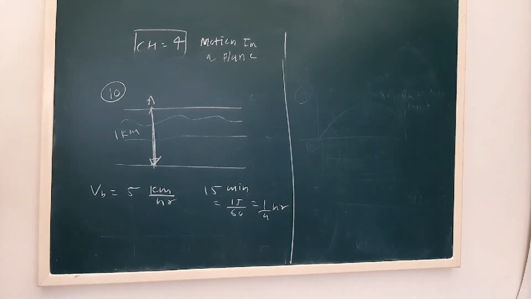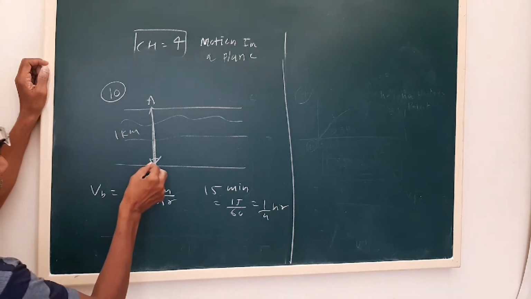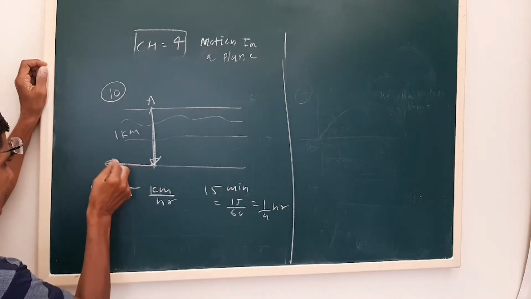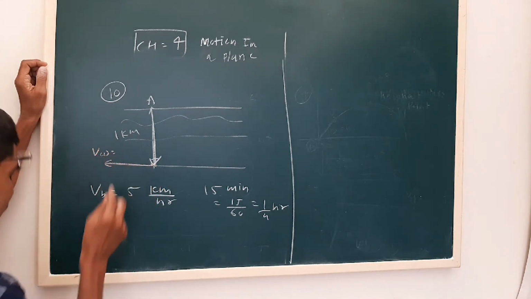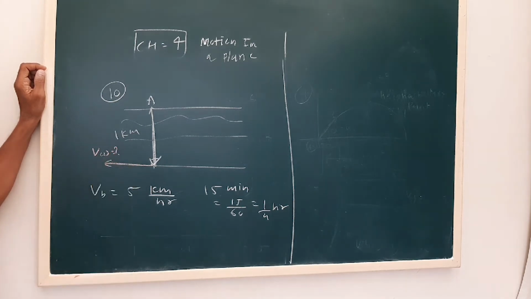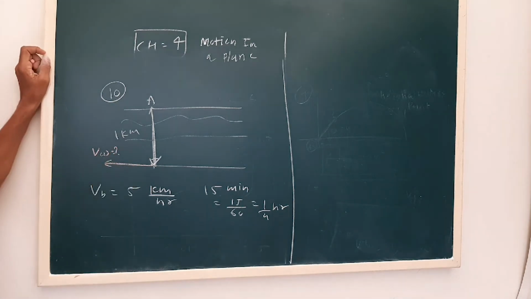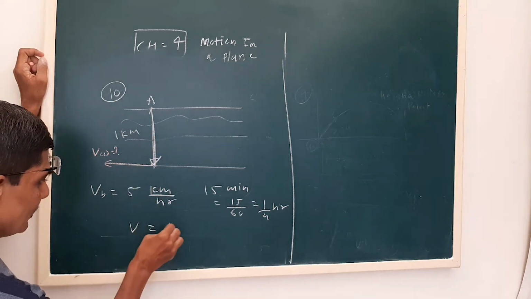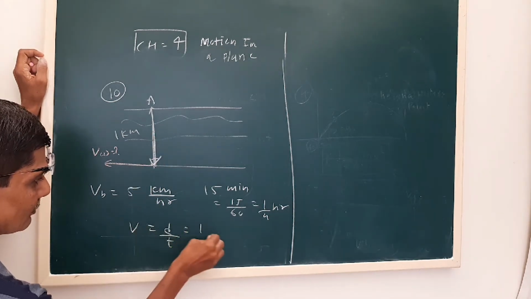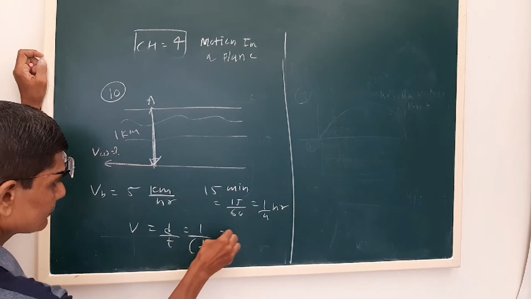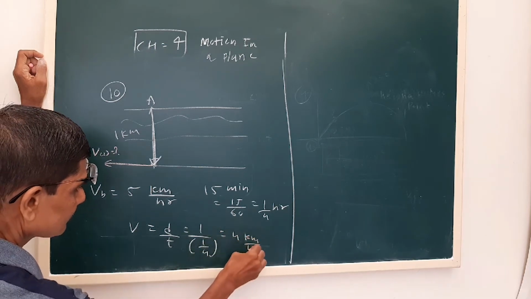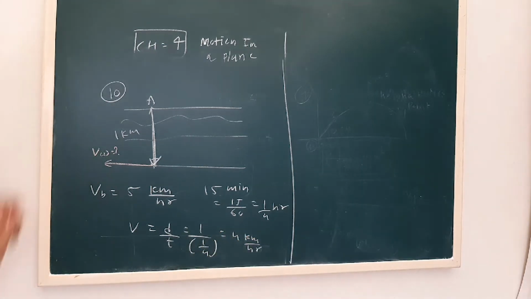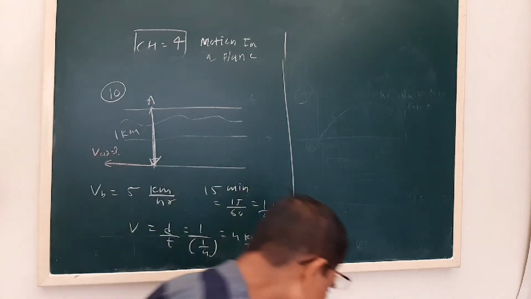Let us say the velocity of the flow of the river, that is water, is Vw, which we have to find. Now the distance is 1 kilometer, V is equal to d by t, so 1 divided by 1 by 4, which is 4 km per hour. Now 5 is the resultant velocity.